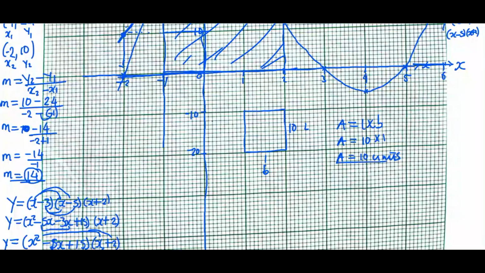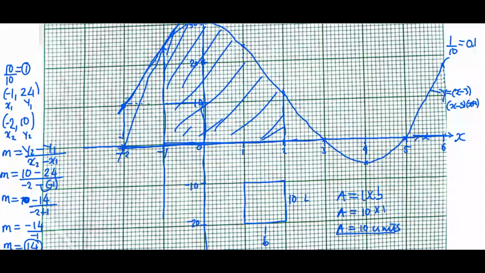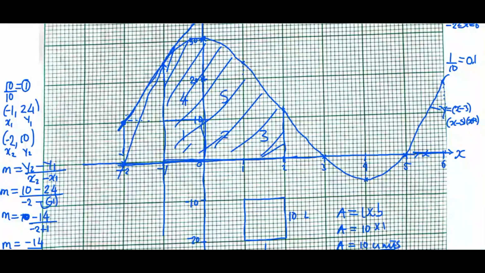So a complete square has 10 units. So let's look at how many complete squares we have. So we have 1, 2 here, 3 here, 4 here, 5. Then we can see that this is not complete, this is not complete. So we'll get this box here and divide it to just complete this.